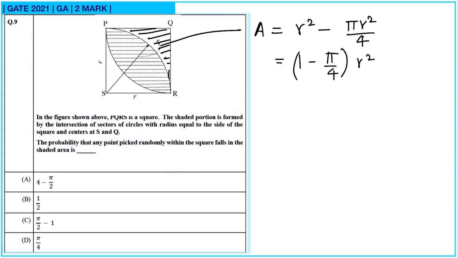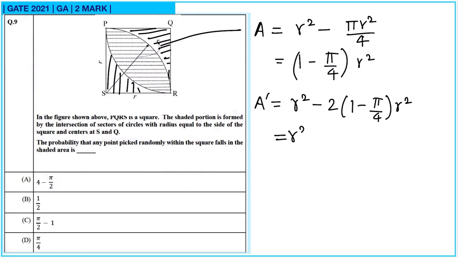Now we want to find this shaded area. So A dash will be equal to this total area r square, area of the square, minus this shaded portion, minus 1 minus pi by 4 into r square. Again minus this portion, but both these portions will be same, so I can write here 2. So this will give you total area of the shaded portion.